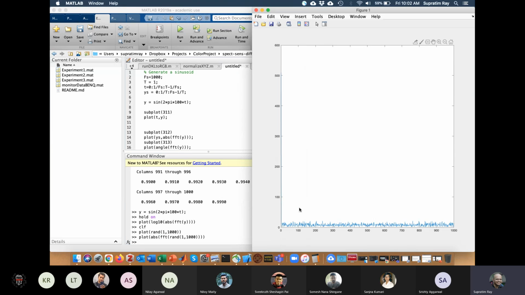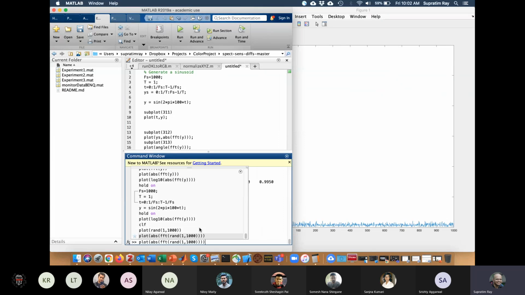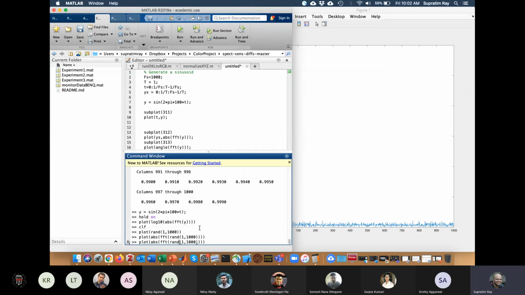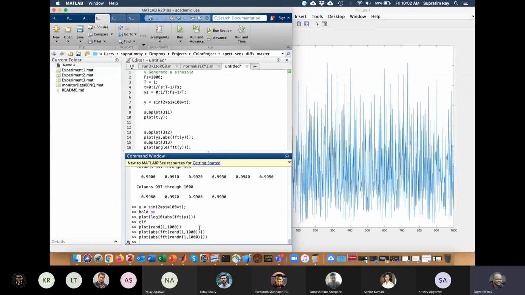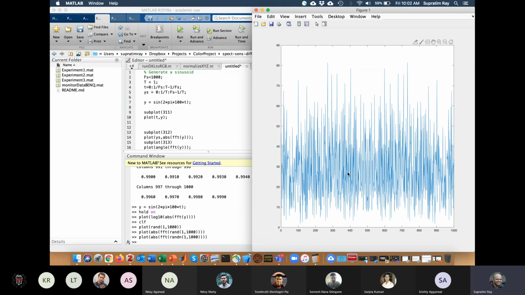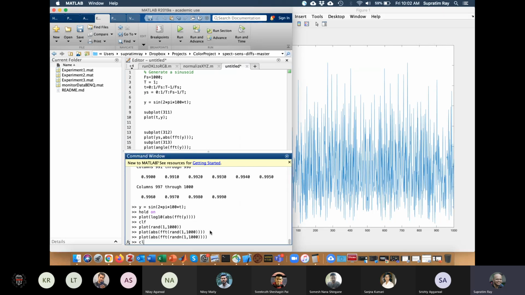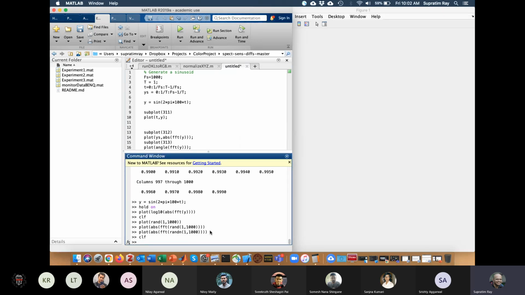Okay, and in this case, it's a random number, but it has a DC, so it's all power at DC here. If you did rand n, it would have been different. Like this. This is the Fourier transform of a random signal. Or for that matter, just take a signal which is all zeros, 1 comma 1000.